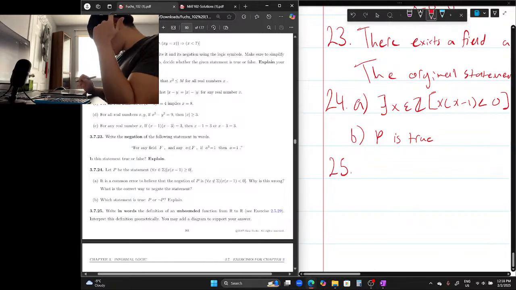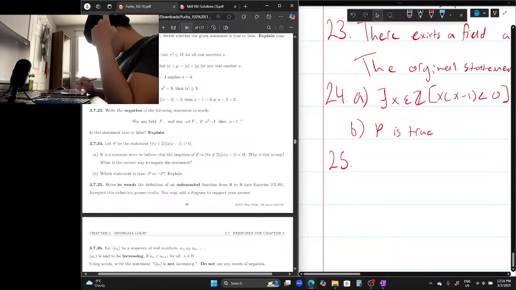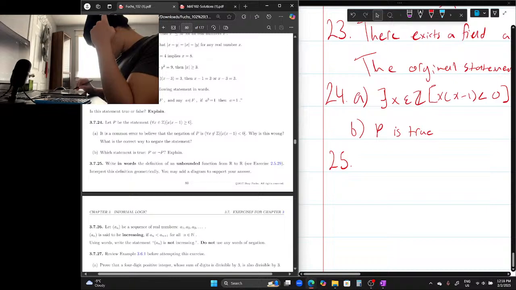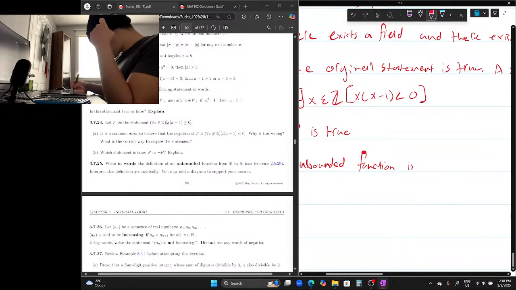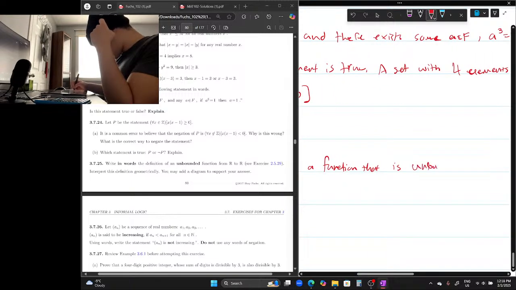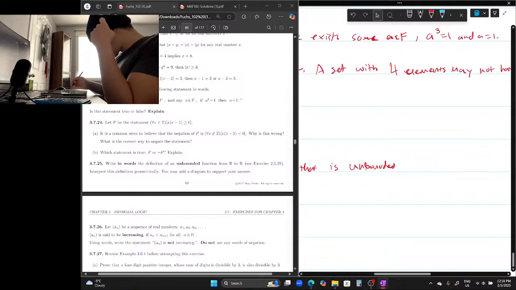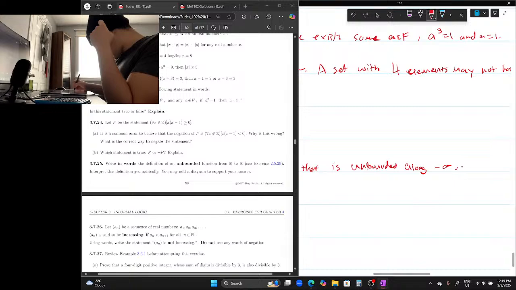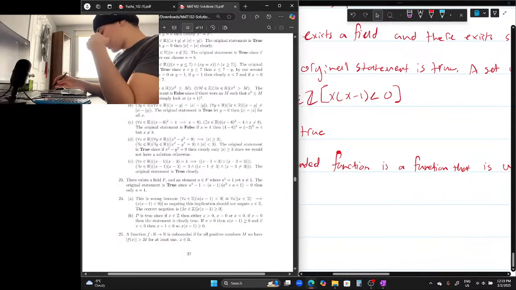Write in words the definition of an unbounded function from R to R. I don't even know what an unbounded function is.